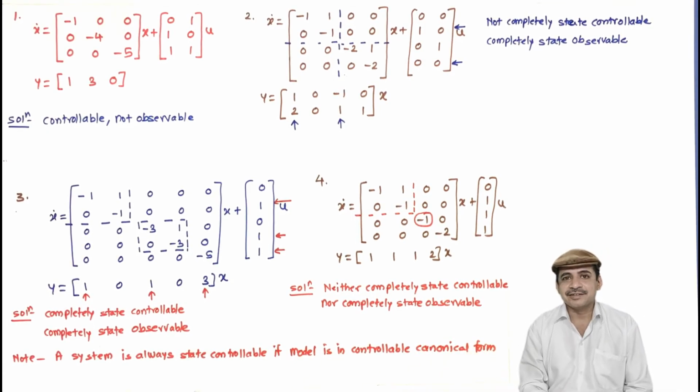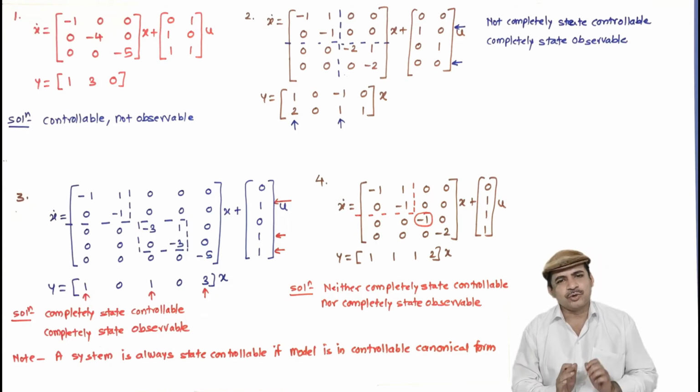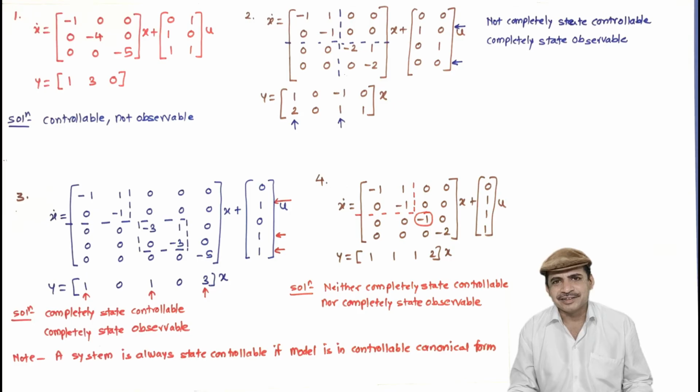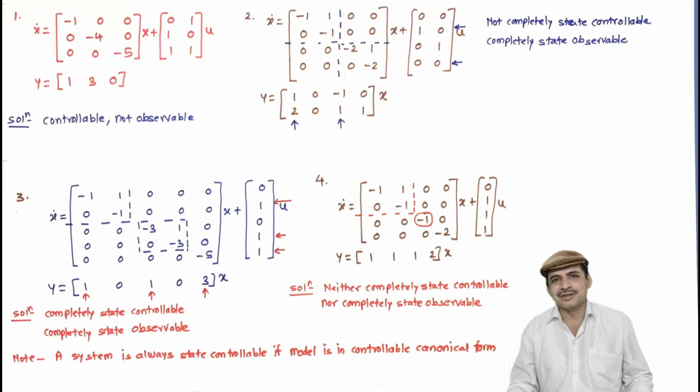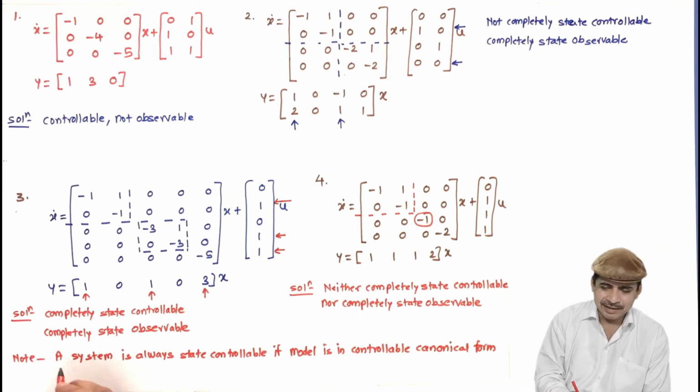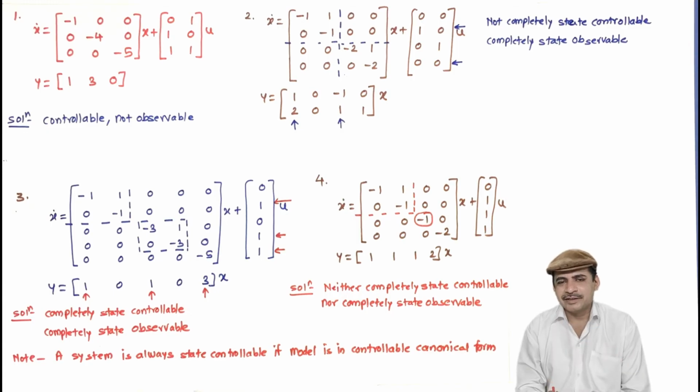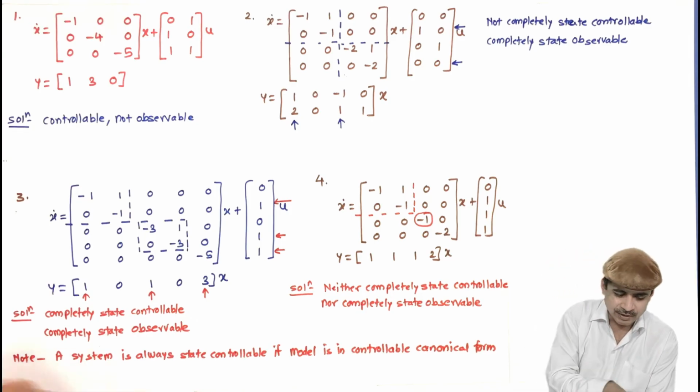This is a fact. So if the system is already in controllable canonical form, no need to investigate the controllability. It is always controllable. And I will even add that in the Kalman method, its controllability matrix will always have determinant minus 1.